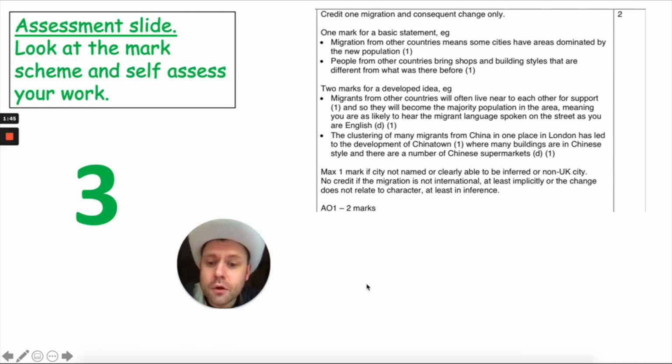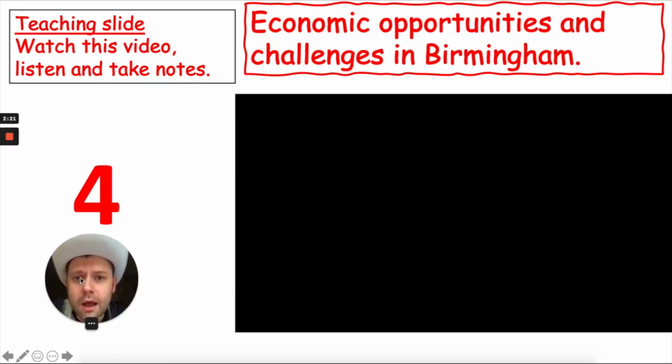If I was going to move to another country, I would want to move to a place where people have got the same kind of culture as myself, they speak the same language, and they follow the same traditions. Just make sure you say in Birmingham to start with, especially in a UK city question. You're talking about the international migration and how it's changed the character of the city. If you need to pause now, you can, to improve your answer, but we're going to move on. And we're going to go to the fourth topic.